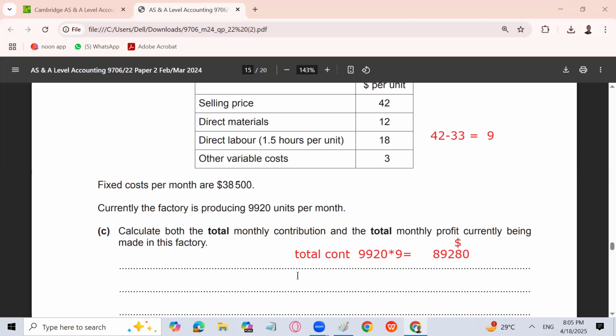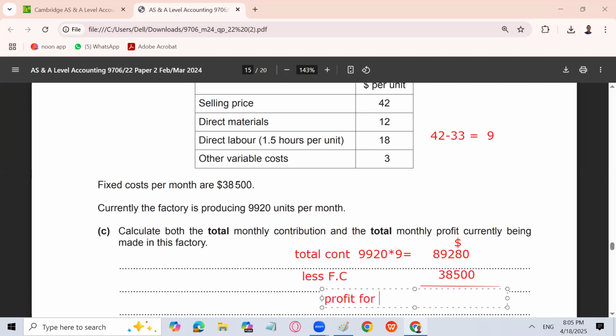Next, less fixed cost, and that is going to be 38,500, because fixed cost does not change with the change in the volume of production. So we'll get the profit. What is the monthly profit? 50,780. So we are done with that.